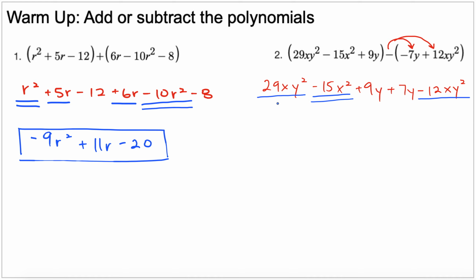I can either do a different color. I just like to do this squiggly shape, and it doesn't have to be perfect. And there are two y's here, right? There's a y squared, so I am going to underline it with the squiggly line twice. Here I have one y, and here I have one y. And here I have two y's again.